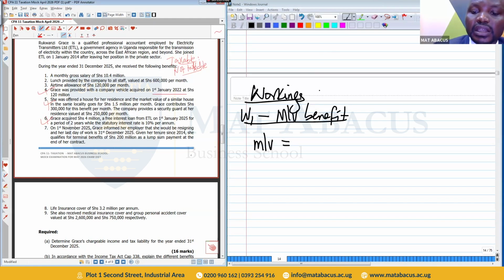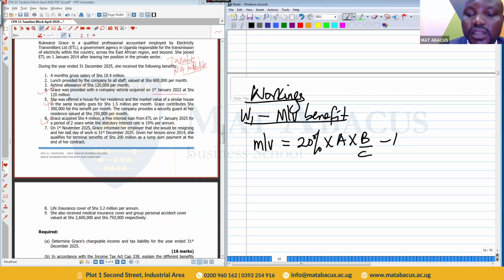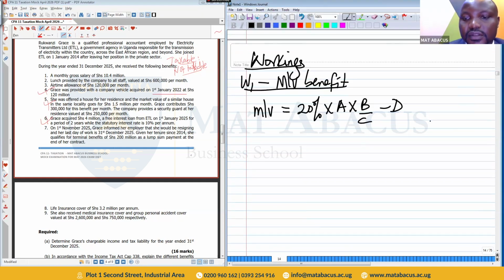So it will be 20% times A times B over C minus D. To determine the value of A, we shall get the cost on 1st January 2022, which was 120 million shillings over 1,000.